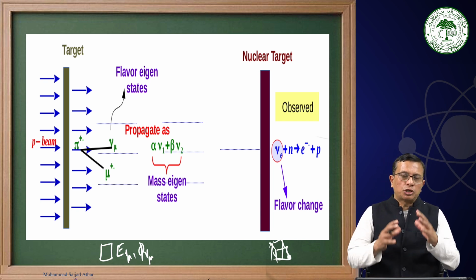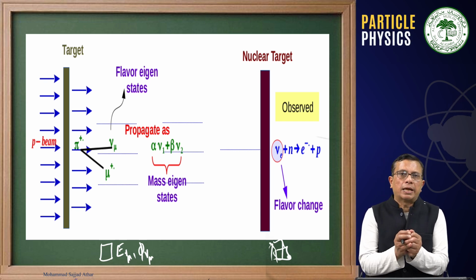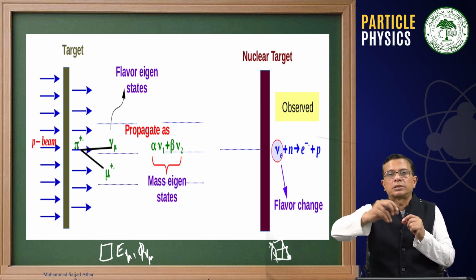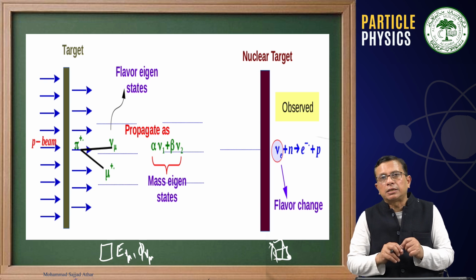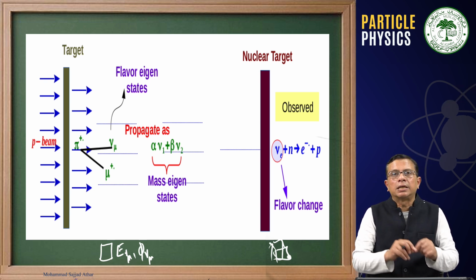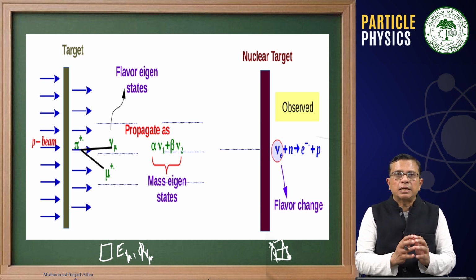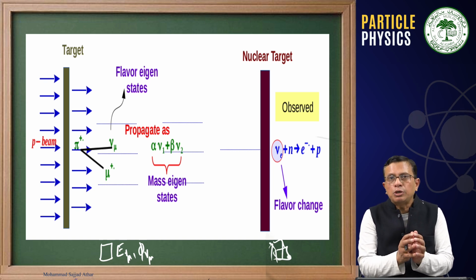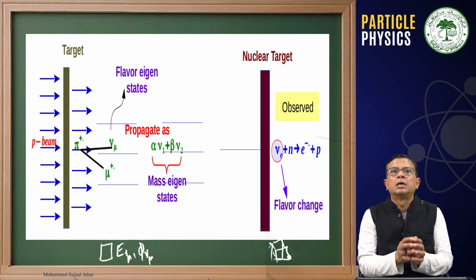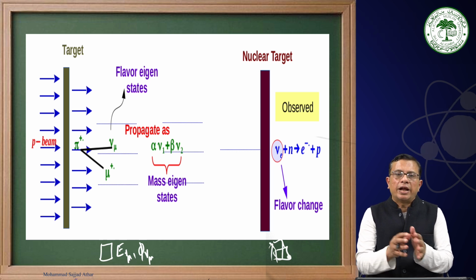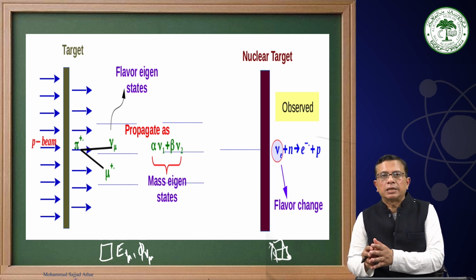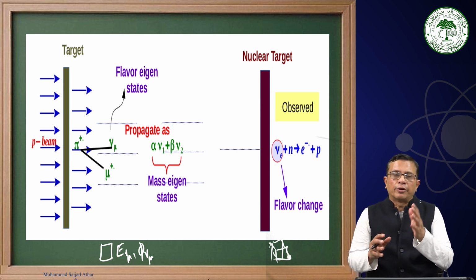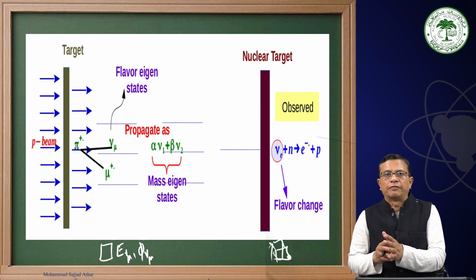Therefore, you have short baseline experiments and long baseline experiments. This is for the length the neutrinos travel, but you also have another terminology, that is, near detector and far detector. The near detector is placed to count the neutrinos produced by the accelerator, and then the oscillation experiment sees how many of them have oscillated from one flavor to another flavor.